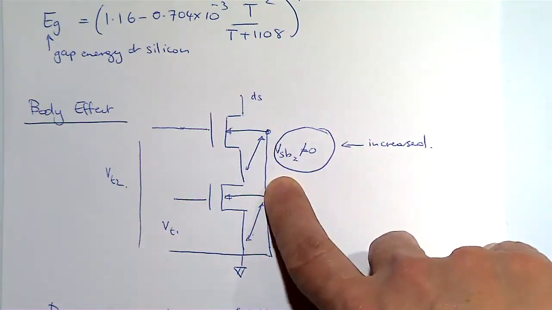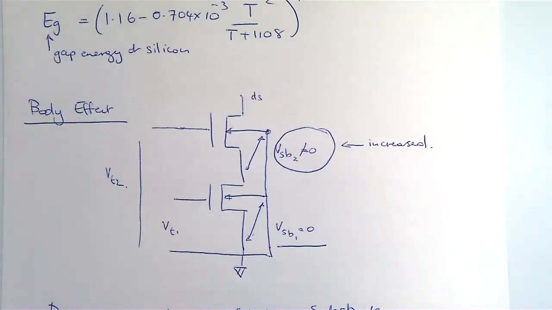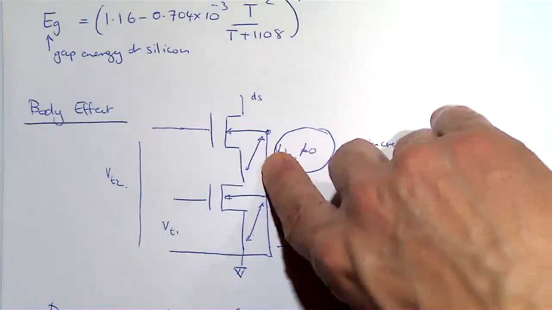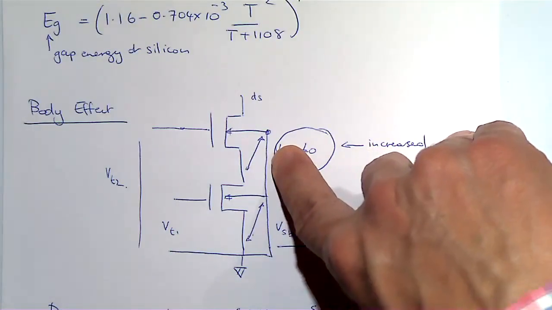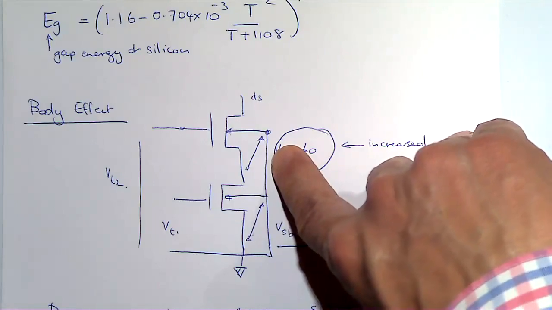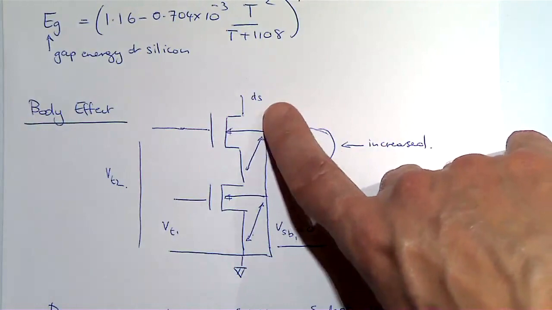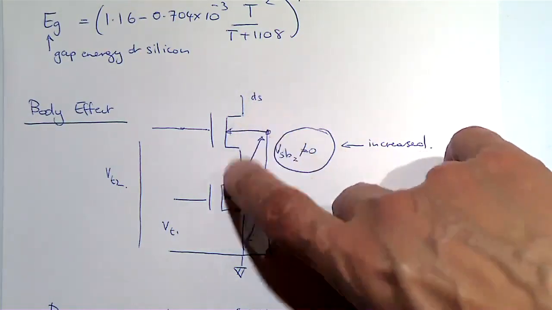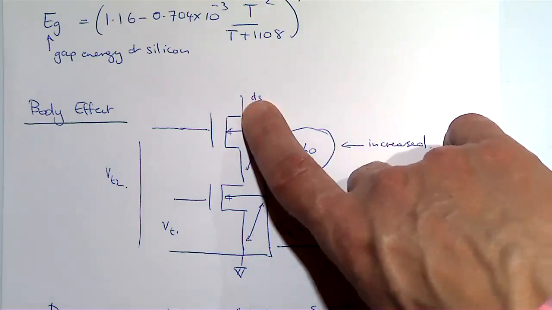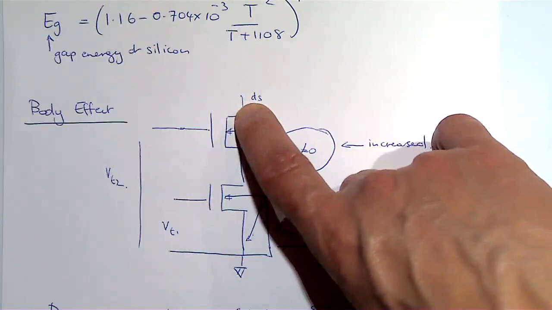And as a consequence, if you go through the calculations, what you're able to show is you get this effect called the body effect, which is essentially all it's doing is increasing your threshold voltage. Right? So if you start playing this trick, you might be able to get away with saying I can add two transistors in parallel. Parallel is not the right word, in series I should say, or you stack these ones.